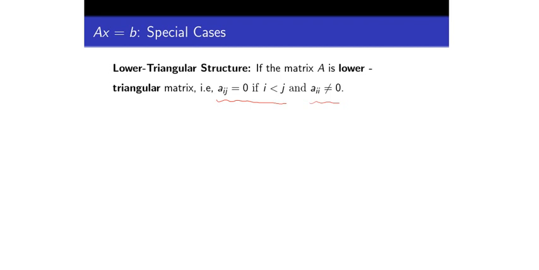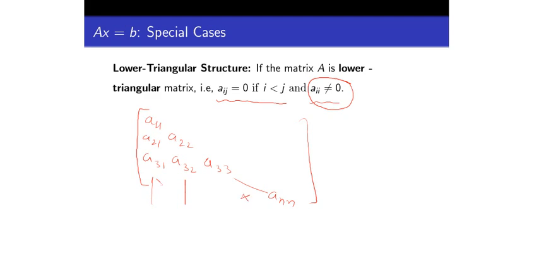This is required to preserve the assumption that A is a non-singular matrix. So the lower triangular matrix looks like A11, A21, A22, A31, A32, A33 and so on, Ann.